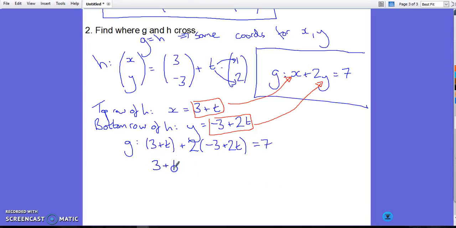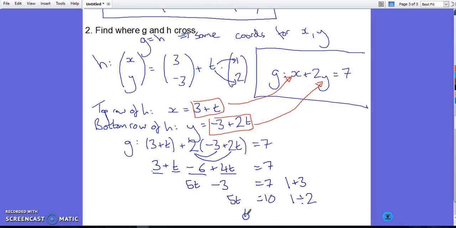So I have 3 plus t minus 6 plus 4t is equal to 7. Then I have 5t, my t plus my 4t. Then I have my 3 minus 6, which is minus 3, is equal to 7. I add 3 to this. I get 5t is equal to 10.